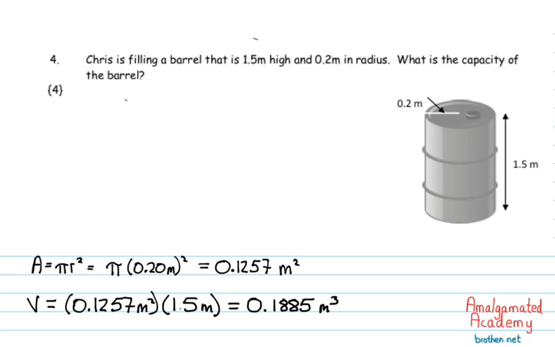Now, where people did have issues is they forgot about that square. So if you had 0.628 or something for this number here, that's because you forgot to square your 0.2. Don't forget to square your 0.2.